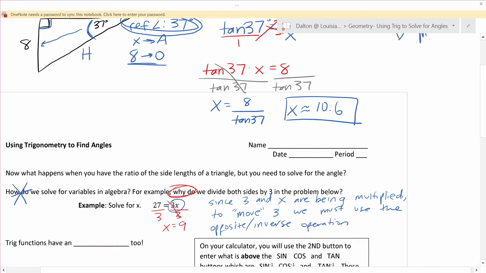In this case, the opposite of multiplication is division. So that's how we move stuff in algebra, right? We always do the opposite. If there are things being added and we need to move it, we subtract it from both sides.